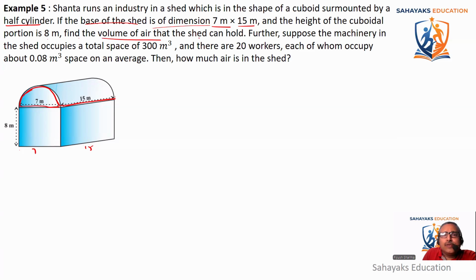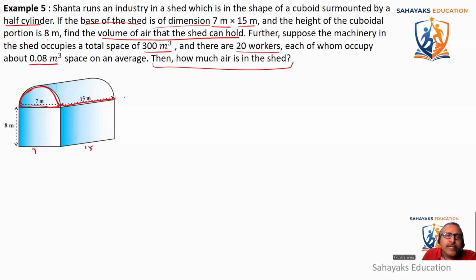This is the volume. That is the first question. Further, suppose the machinery in the shed occupies a total space of 300 meter cube and there are 20 workers, each of whom occupies about 0.08 meter cube space on an average. Then how much air is in the shed? So we have to find two things.